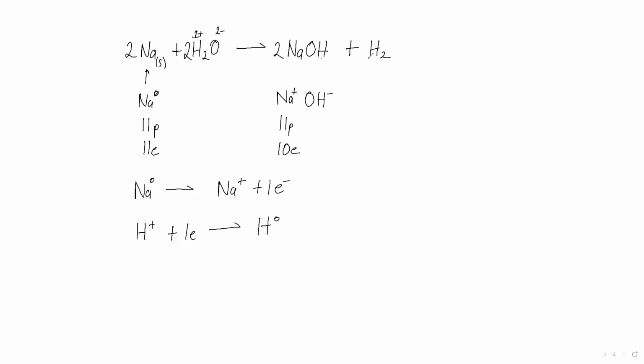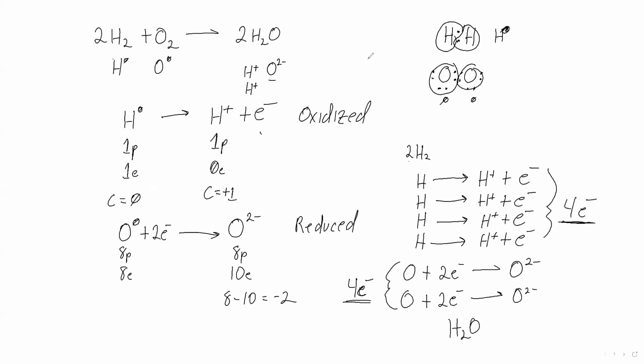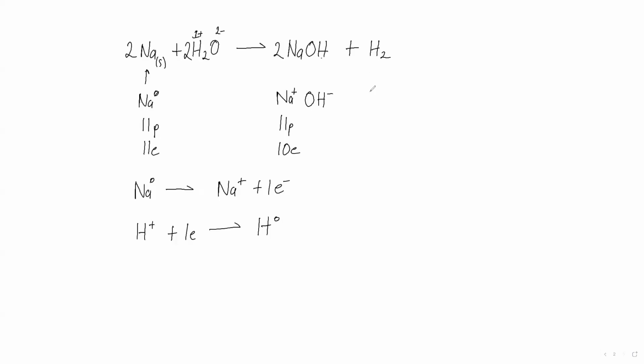And just like before in the reaction of water, hydrogen in its molecular form starts out at charge 0. So hydrogen was plus 1 here, and it ends up as 0, which means that hydrogen had to gain an electron.